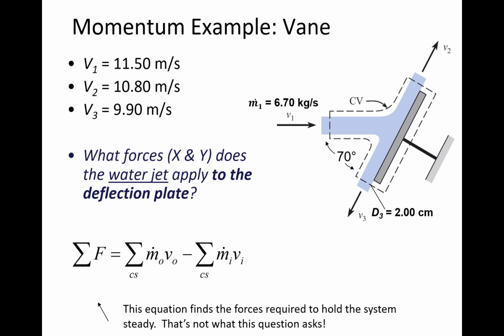In fact, there's more than one stream going out. So in this equation, where it says the sum of mass flow rate out times velocity out, we can have more than one term for the outflow component of the momentum equation. Let me show you how I set that up, and then I'll leave you to start substituting the numbers in.